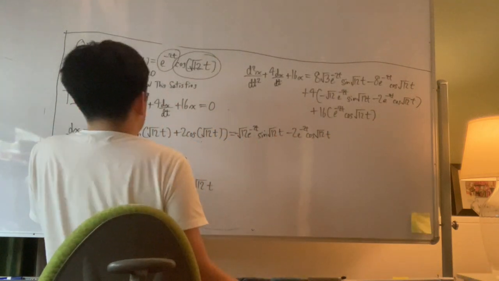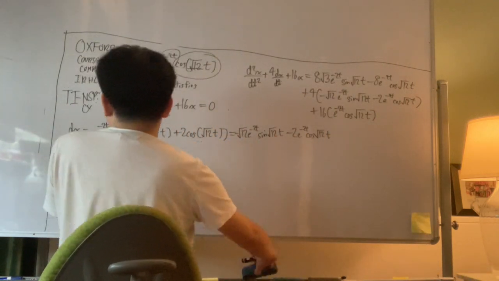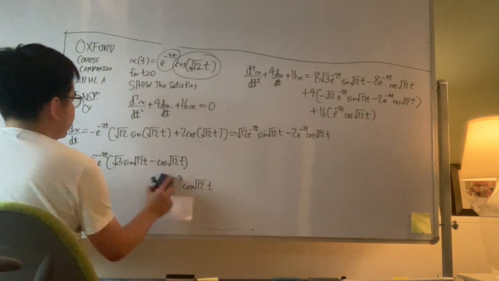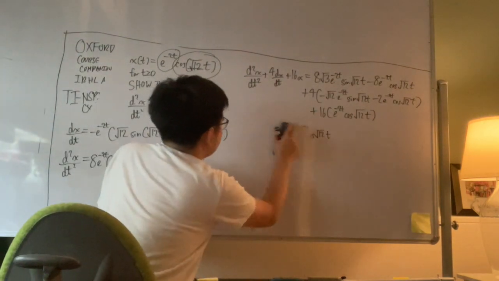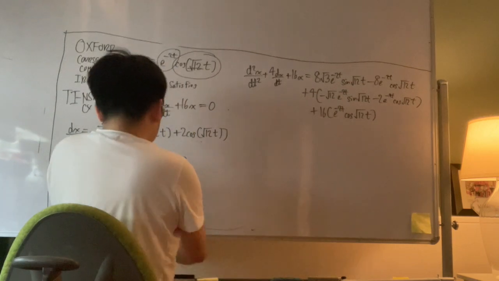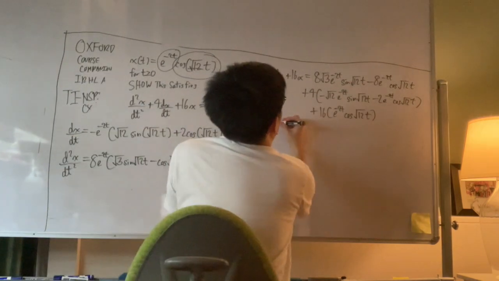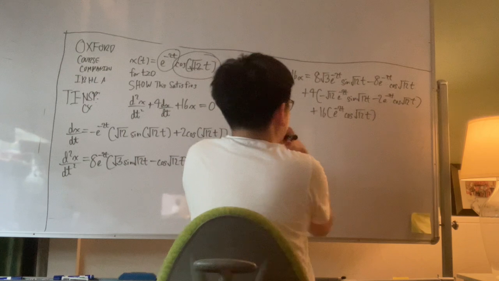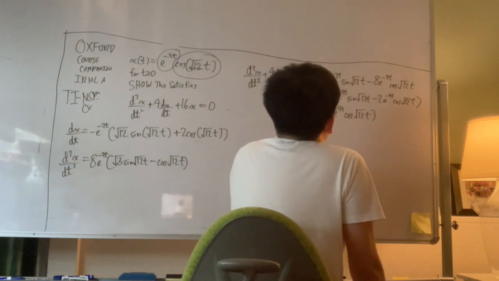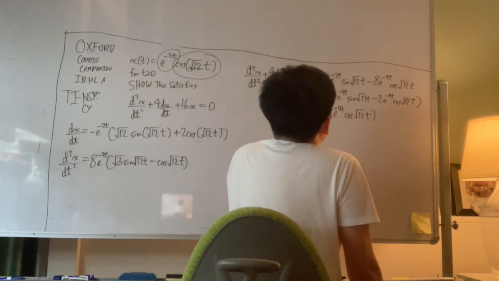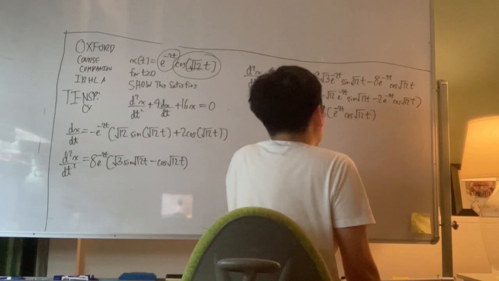I'm going to erase this now, because I need room to write the final cancellations. And then we do a bunch of factoring of e^(-2t), sine of square root of 12t and cosine of square root of 12t.